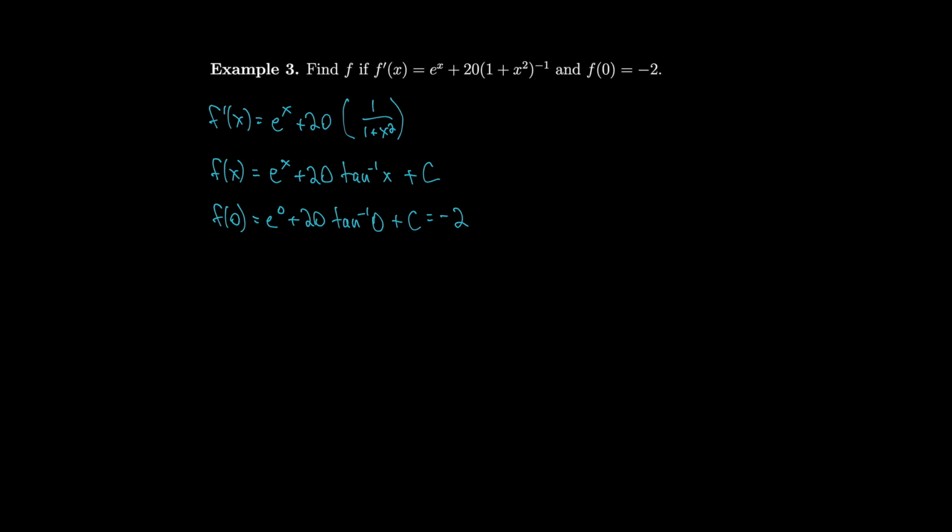So this implies that our constant is equal to minus 2 minus the e to the 0, which is 1, so it equals minus 3. So now we have our particular function for this example, e to the x plus 20 tan inverse x. Instead of plus c, we know what c is, so it's minus 3.